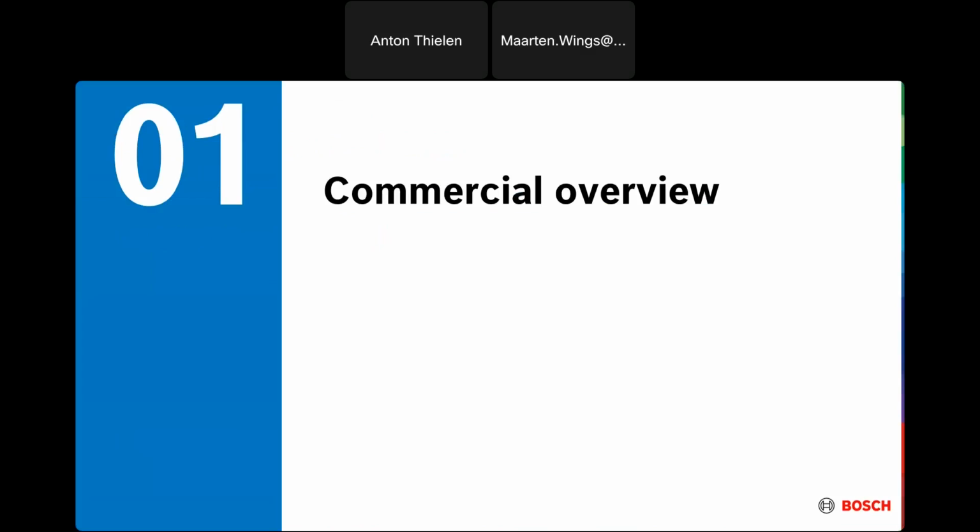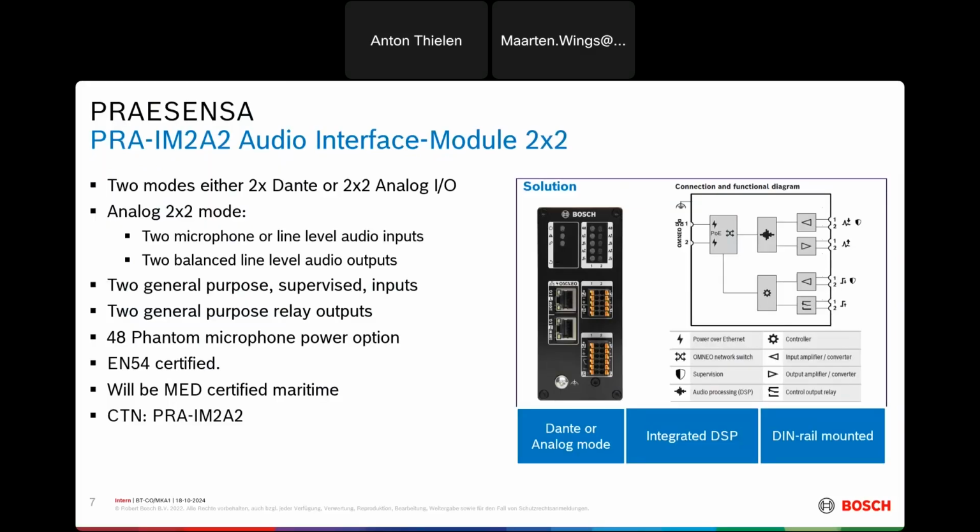So let's start with the commercial overview. So this is the module. It's an Omnio module that will be part of the PRAESENSA family. It is fully IP, so as on all other family members, you can simply connect it in the PRAESENSA system, in the ecosystem. It is running Omnio, just as any of the other devices, which is a protected digital audio communication between all the nodes in the PRAESENSA network.